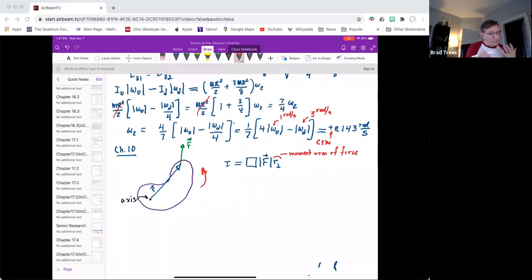The picture I drew is a force that would cause counterclockwise rotation, so I put a plus sign in that box, and that denotes the direction of the torque, at least as far as chapter 10 is concerned. What's really important, in addition to knowing the size of the force, F magnitude, is how big this quantity called the moment arm is, because we have to be able to calculate that in a picture like you're given here.